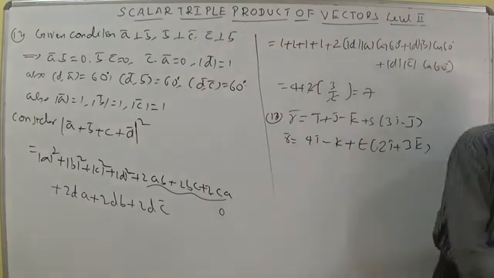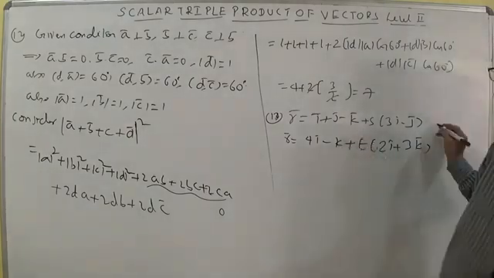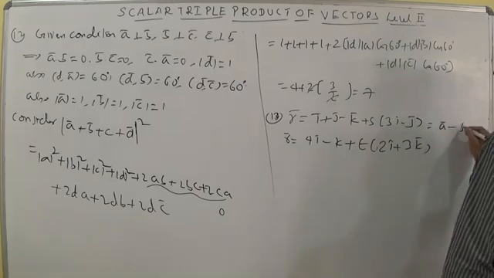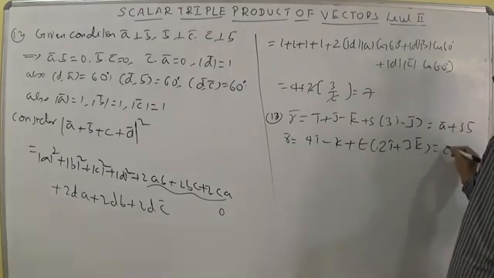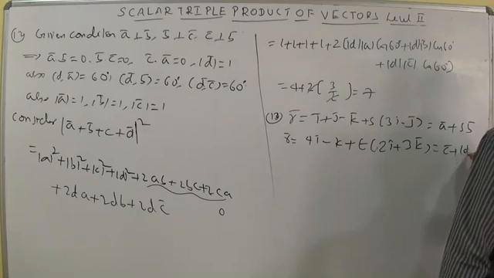So this is of the form R bar is equal to A bar plus S B bar, and this is of the form C bar plus T D bar.